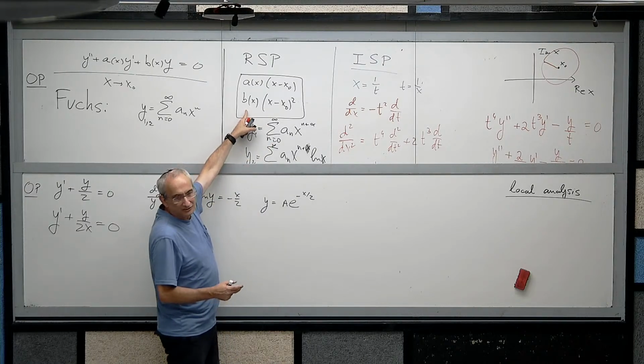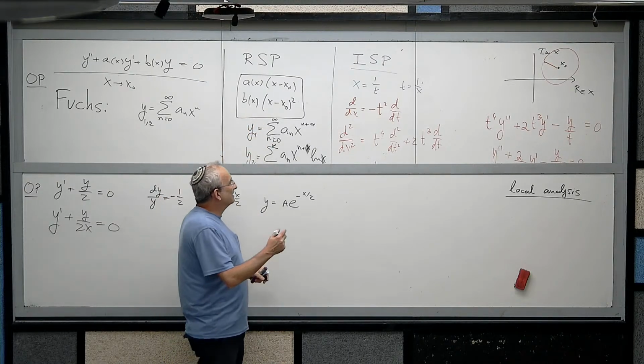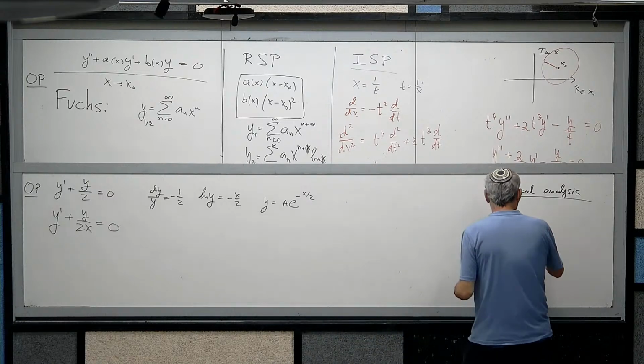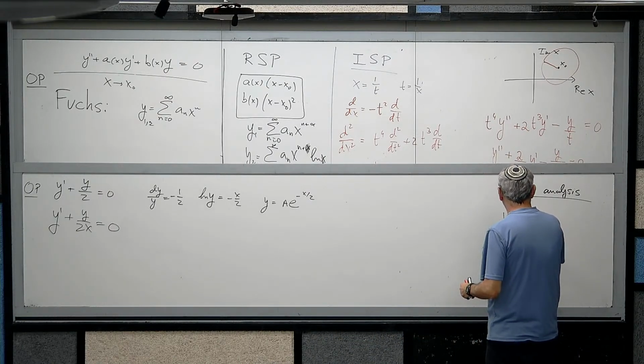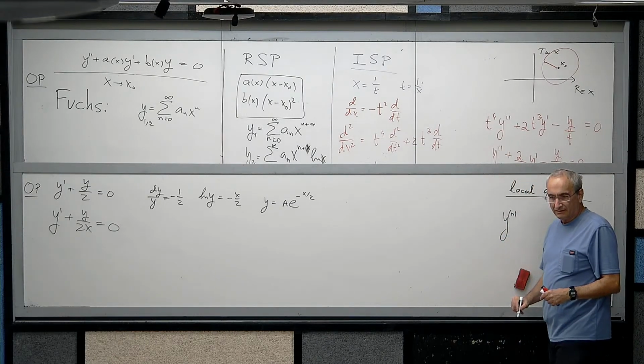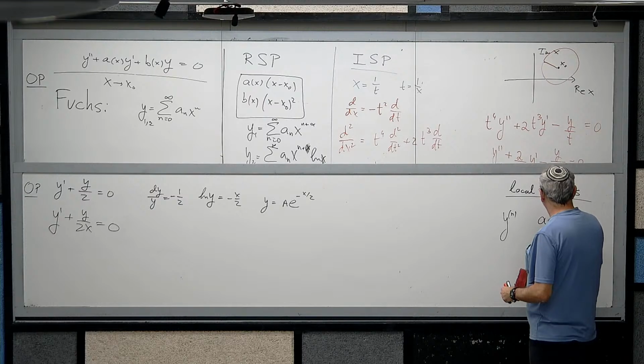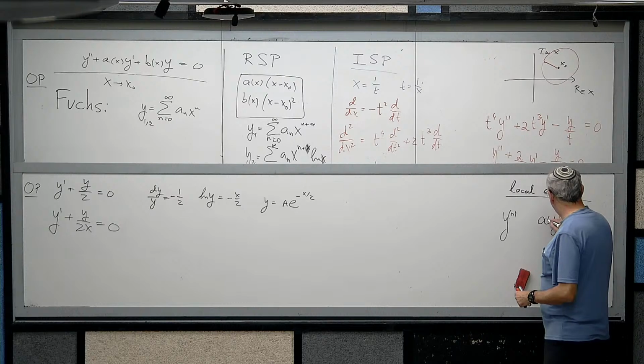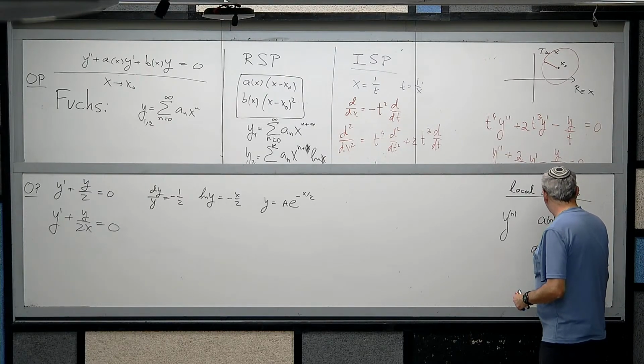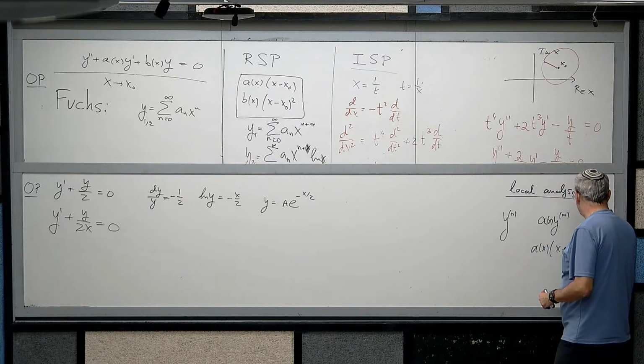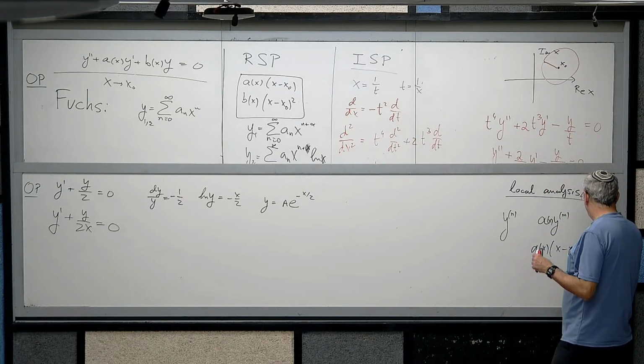This is for second order. The idea is that if you start with the nth derivative of y, and a of x is the coefficient of the nth derivative of y, then you want a of x times x minus x naught to the power of n minus m to be analytic.